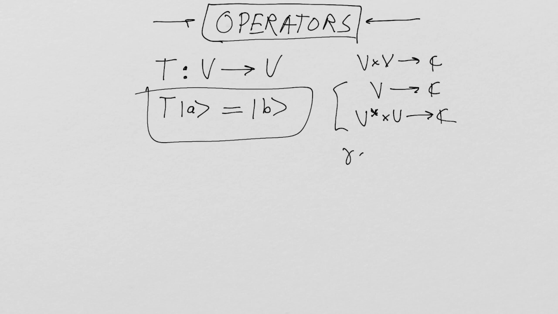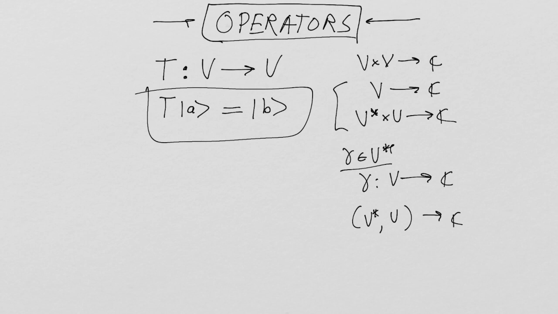In other words, if gamma is an element of the dual space, then gamma is a map that takes vectors to complex numbers. But you could also say, given an element of the dual space and a vector, you can get a complex number. So that would be a map that takes an element from the dual space, an element from the vector space, and returns a complex number.